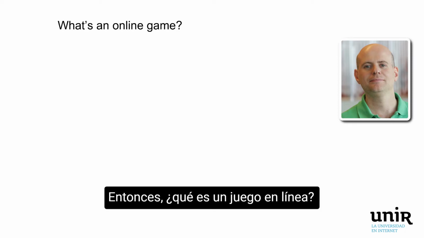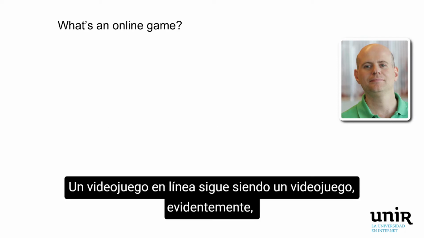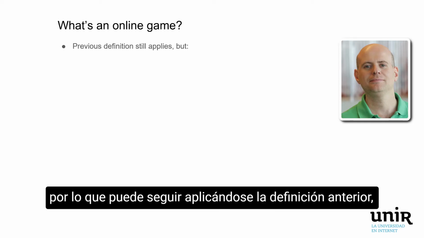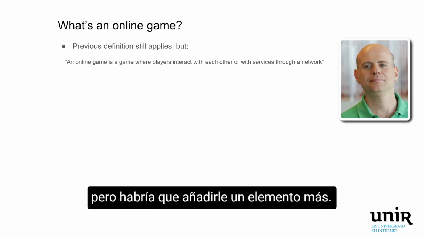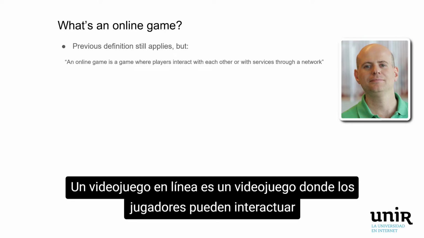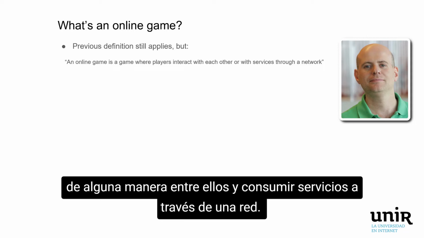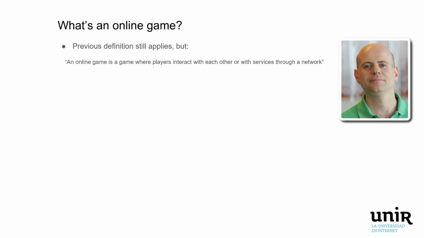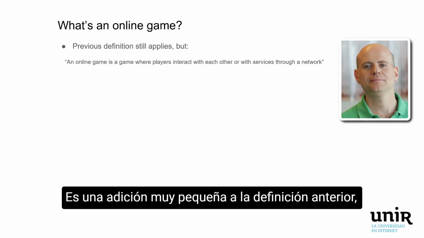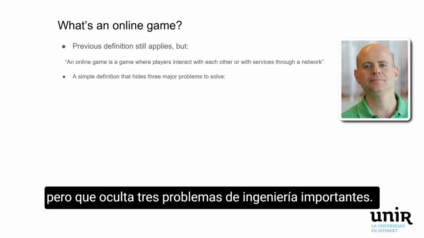So what is an online game? An online game, it's still a game, obviously. So the previous definition still applies, but we have to add another piece. An online game is a game where players can interact with each other in some way and can consume services through a network, right? It's a very small addition to our previous definition, but it does hide three major engineering problems.